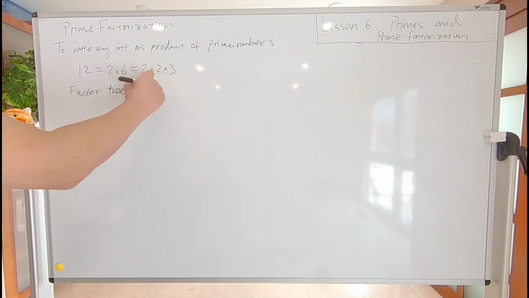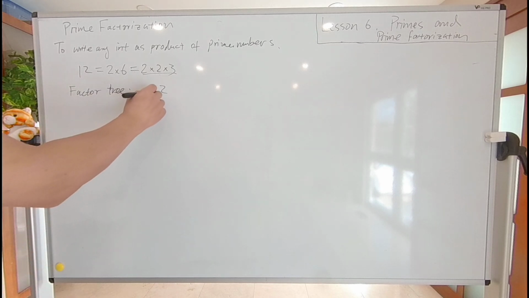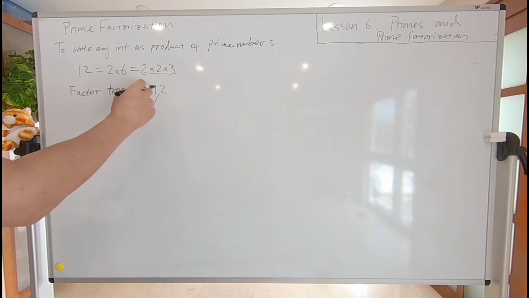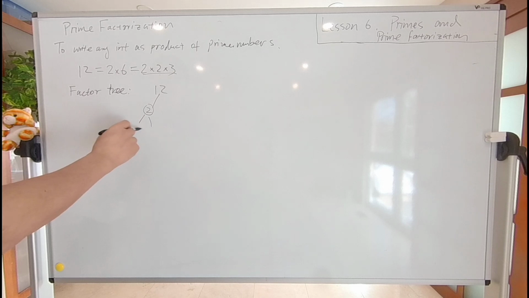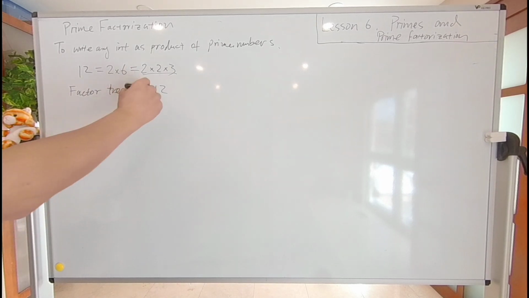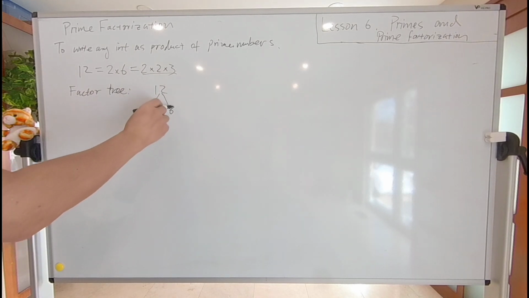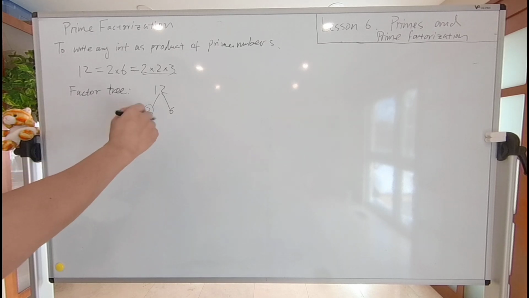For example, I'm still using the number 12. I can start with the smaller prime first and go to the bigger primes, which means I can start with 2. Number 2 is obviously a factor of 12. It is already a prime number, which means there is no further breakdown, so I can circle it, which means it will stop here. On the other side, 12 is 2 times 6, and I'm not circling 6 because 6 is not a prime number, which means it can be broken down further.